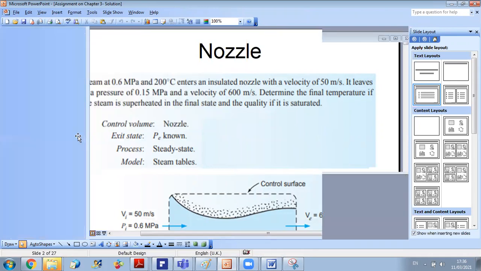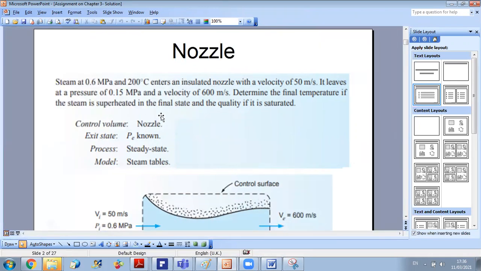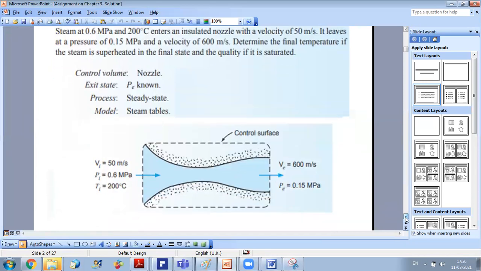So here, always the first step in a problem, try to know what the inputs are and what outputs you should find. First, they gave us conditions about the initial state. We know that at the inlet of the nozzle, we have a velocity of 50 meters per second, a pressure of 0.6 megapascal, and a temperature of 200 degrees.